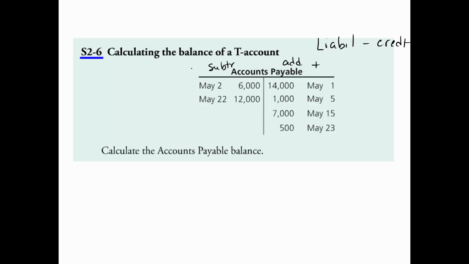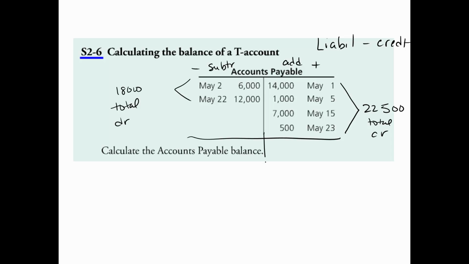So adding, subtracting. If I add up the total credits to this account, I get $22,500 total credits. If I add up these two debits, I get 18,000 total debits.